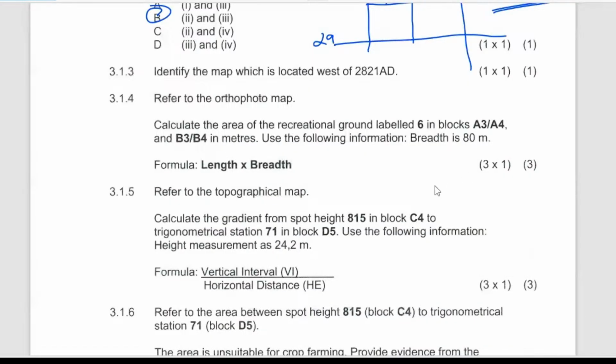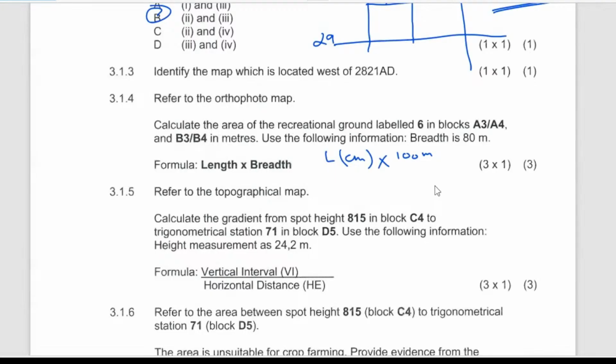Your formula is length times breadth. So you get your length in centimeters, and you multiply by the map scale, which is 10,000. If you want to convert directly to meters, you multiply by 100. So you check your measurement and multiply it by 100 meters.